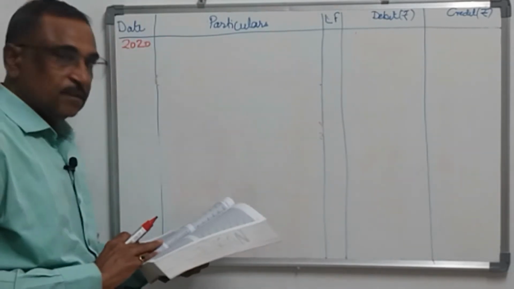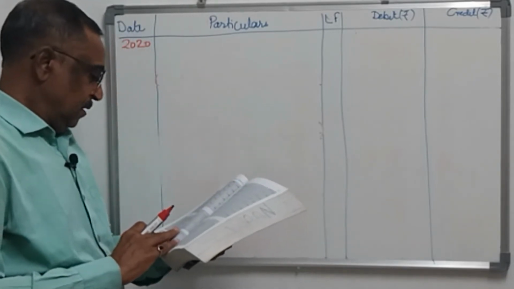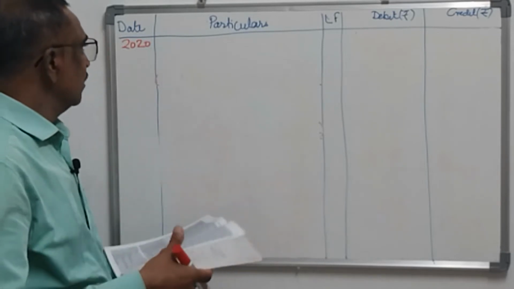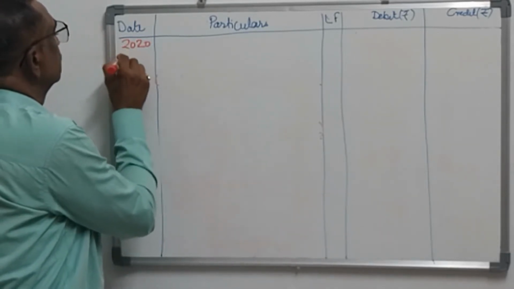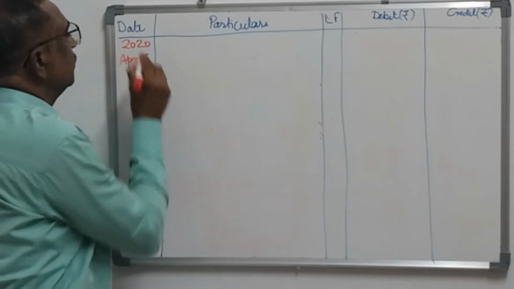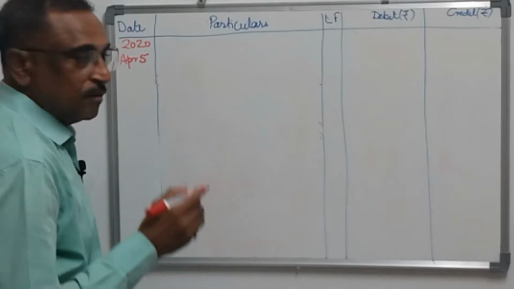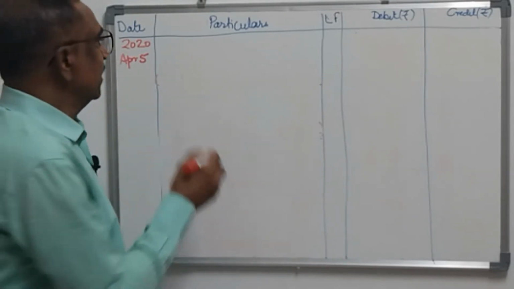Now we move on to next. April 5. Purchase goods in cash 10,000. Purchased goods in cash. So whenever goods are purchased, we use the term purchases.